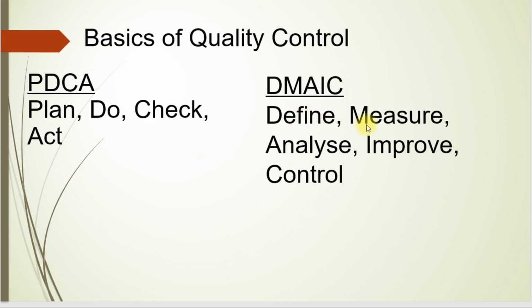Next is measure. The sub-stages in this step of DMAIC are analysis of the problem process and definition of the outcomes that are often treated as targets or goals to be achieved as a result of the measurement activity.